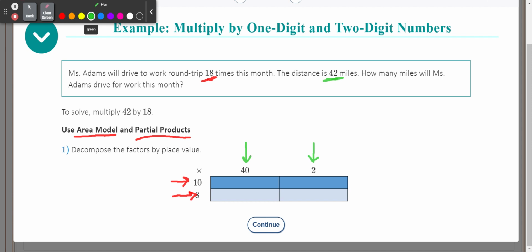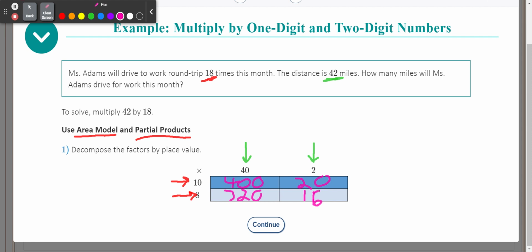What you're going to do now is multiply them individually, and at the end add them together. So 40 times 10 gives me 400. 10 times 2 gives me 20. 8 times 40 gives me 320. And 8 times 2 gives me 16.